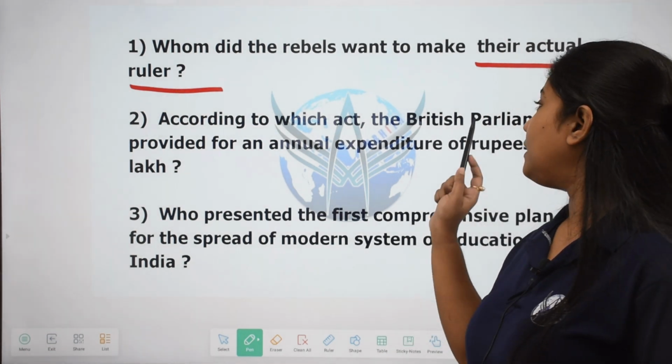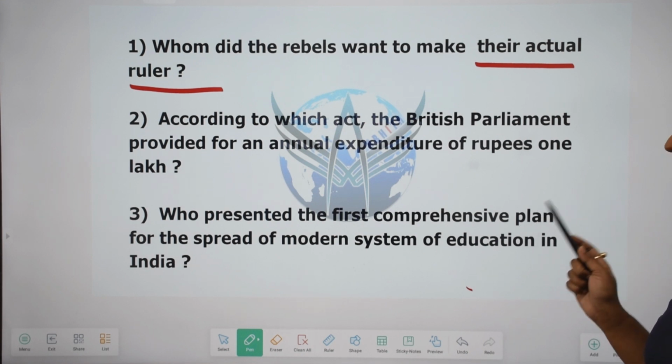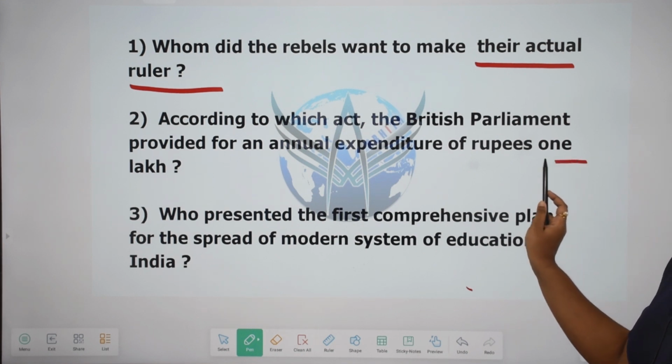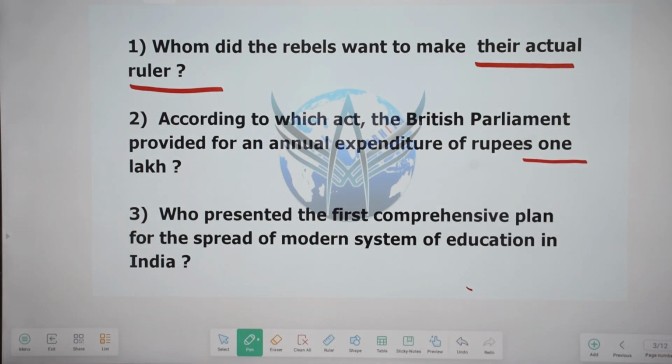So kuntu actor mote the British Parliament provided for an annual expenditure of rupees 1 lakh? By the Charter Act of 1813.